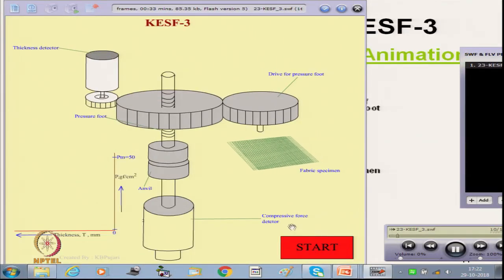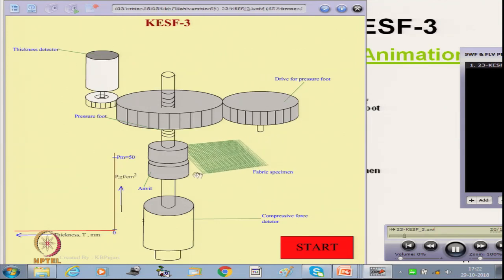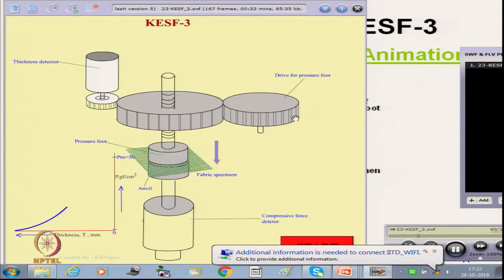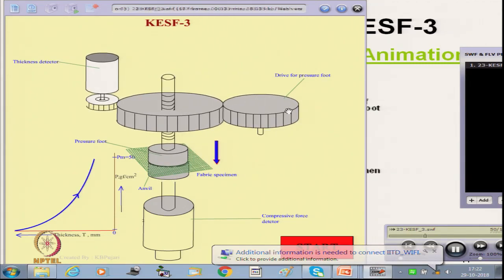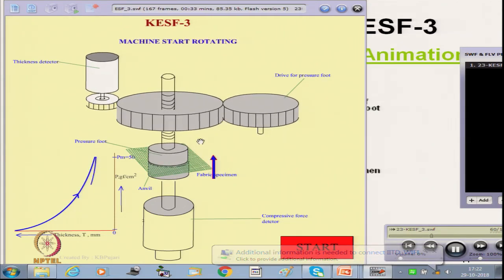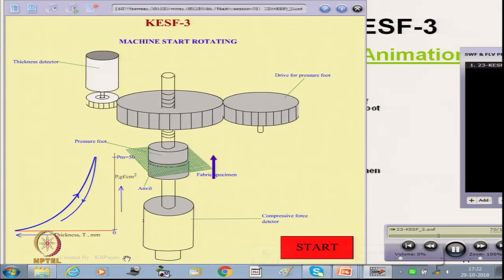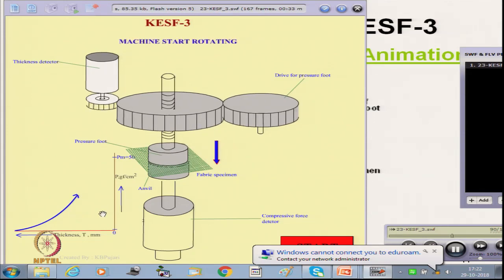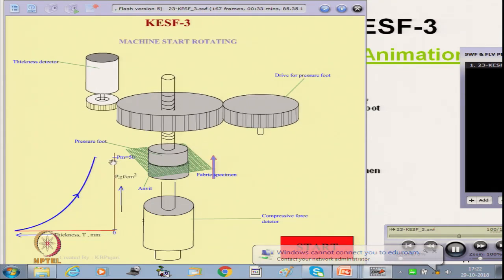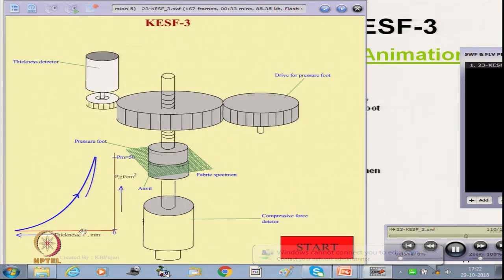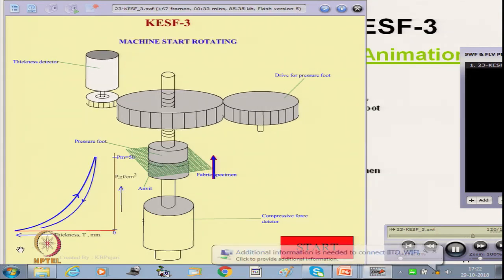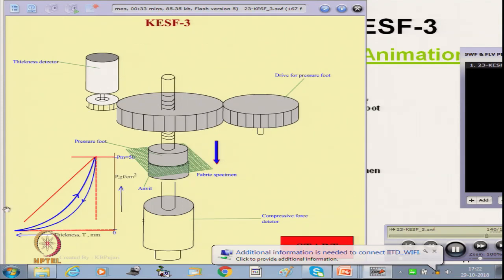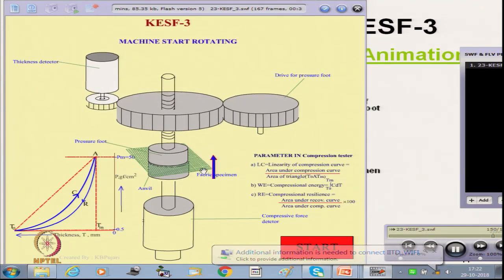Now, the fabric is being placed between the anvil and the pressure foot. Now, the drive for the pressure foot is started. It is initially moving downward, and after reaching a certain predetermined pressure, it moves upward. So, in this way we can get the complete loading unloading curve.